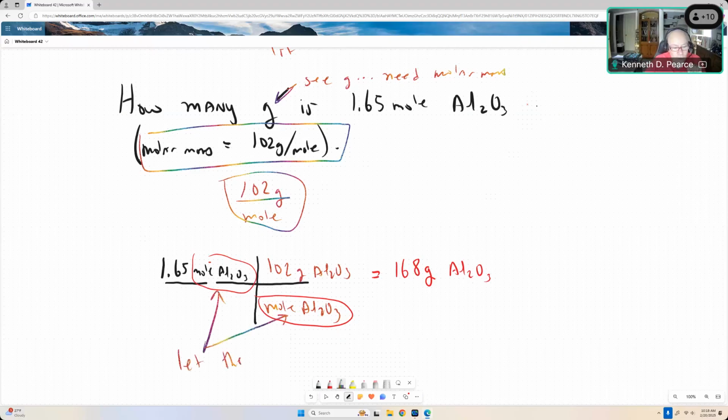Let the units set it up. I think that's what happened here when you said point something. You probably said, well, I just divide. Well, no, actually, whether you divide or multiply depends on how the units are set up. Okay, do you see what I'm saying? Yeah, hopefully you do.